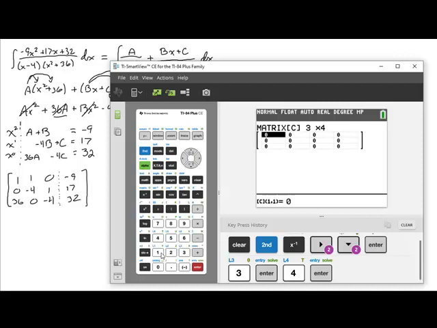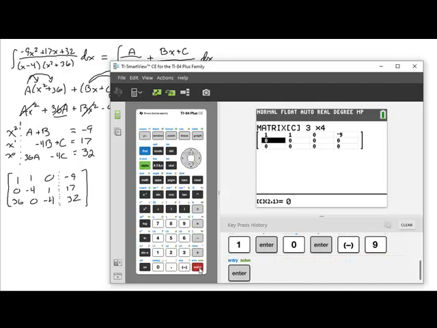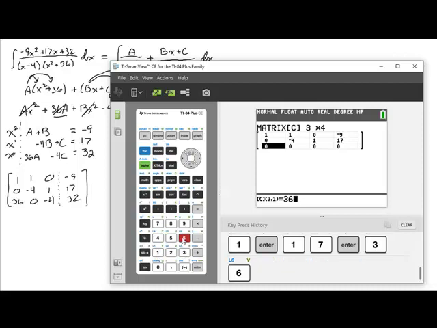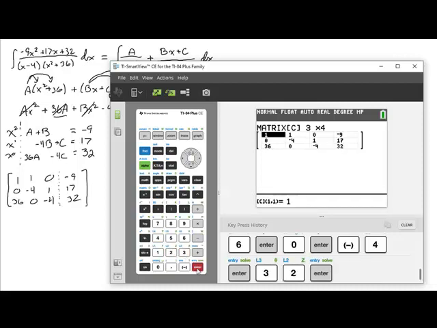Now we'll just enter what we have going across. 1, 1, 0, negative 9, 0, negative 4, 1, 17, and then lastly 36, 0, negative 4, 32. Okay, make sure all our entries are correct.